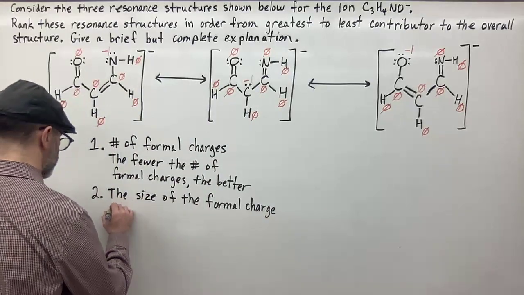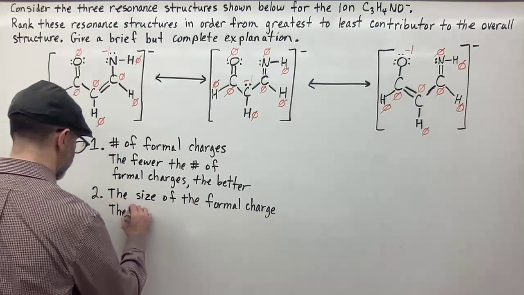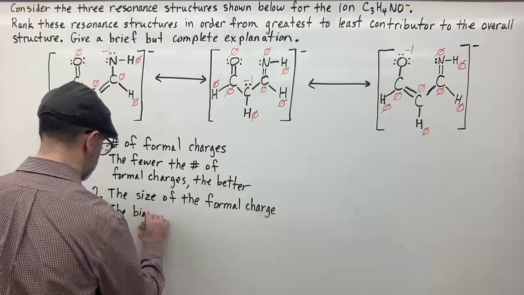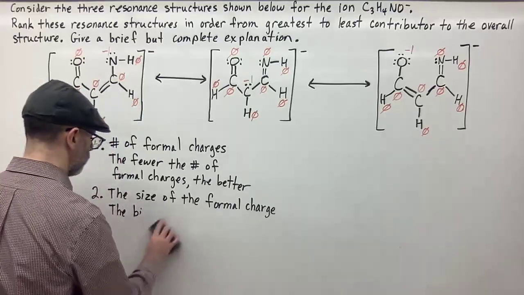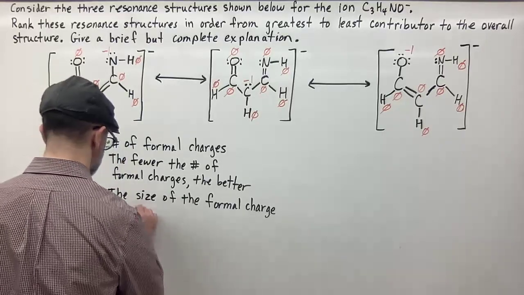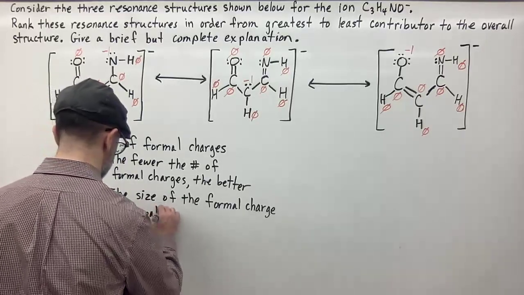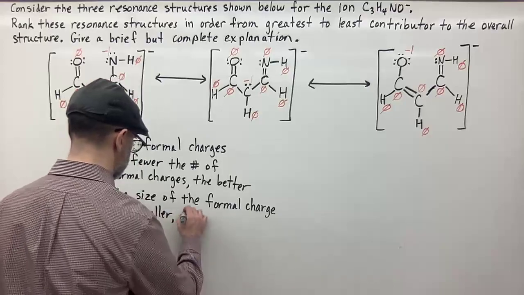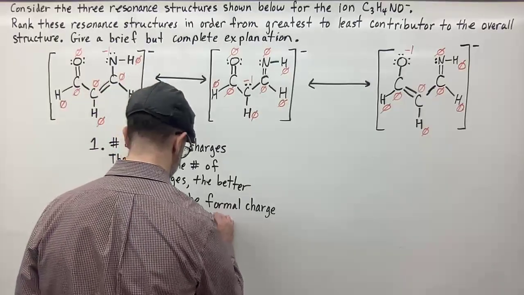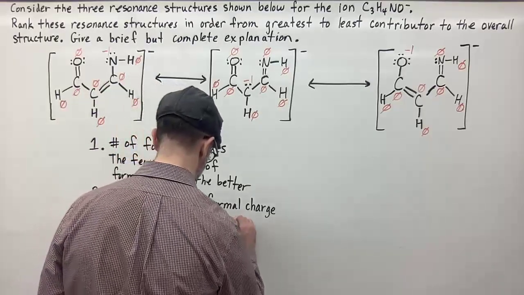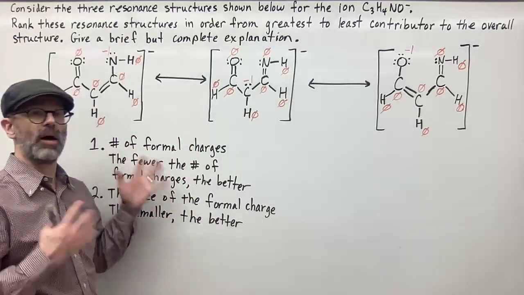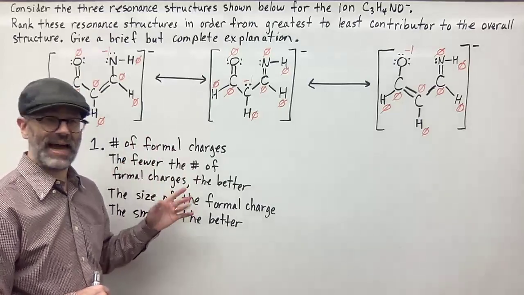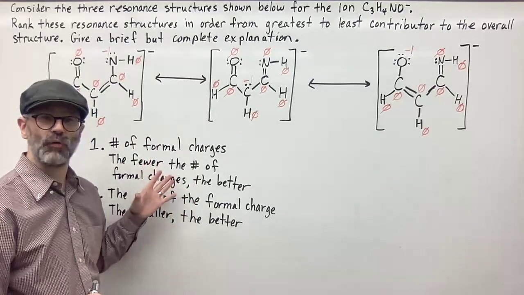So in other words, the bigger, I should say, let me put it in terms of smaller: the smaller, the better. So the difference here, we're looking at just the number of formal charges, and we're ignoring 0 formal charges.